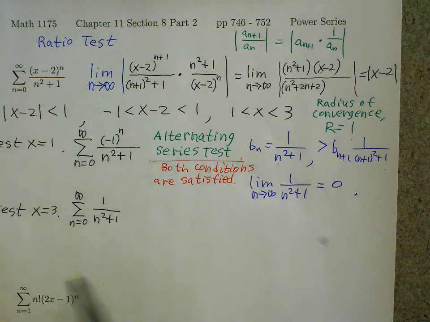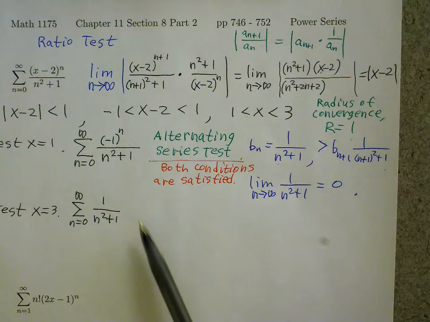1 over n to the second plus 1 reminds me of 1 over n to the second. So if I were to do a limit comparison with the infinite series 1 over n to the second, which I know converges, then I would be able to get a limit that's equal to a finite positive number.